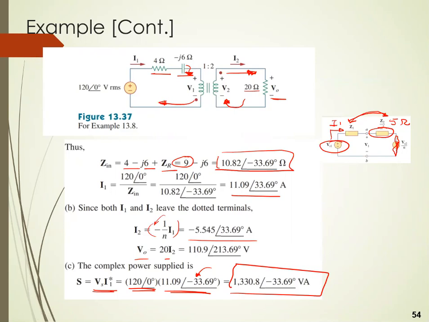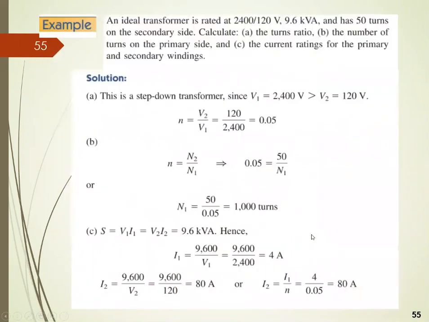The transformer is still there, but we analyze it using this transformation from one side to the other, and it's really like an extension of the Thevenin concept. It's the same thing.